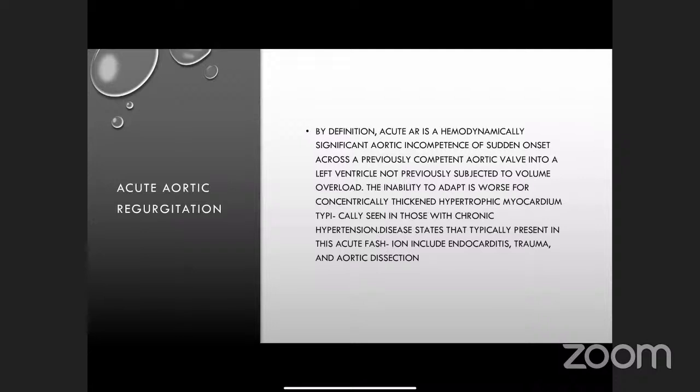The inability to adapt is worse for a concentrically thickened, hypertrophic myocardium, typically seen in those with chronic hypertension. Disease states that typically present in this acute fashion include endocarditis, trauma, or aortic dissection.